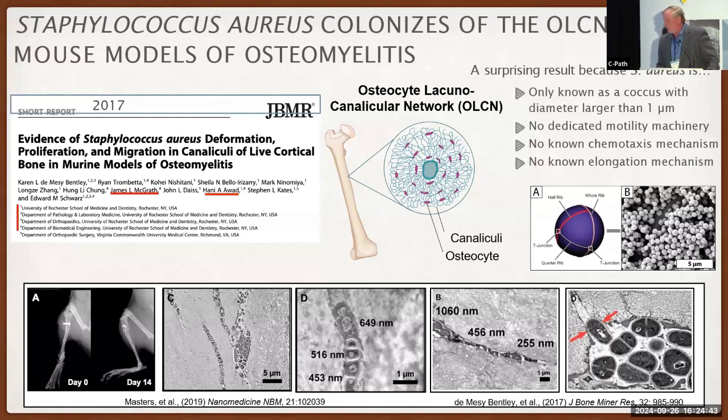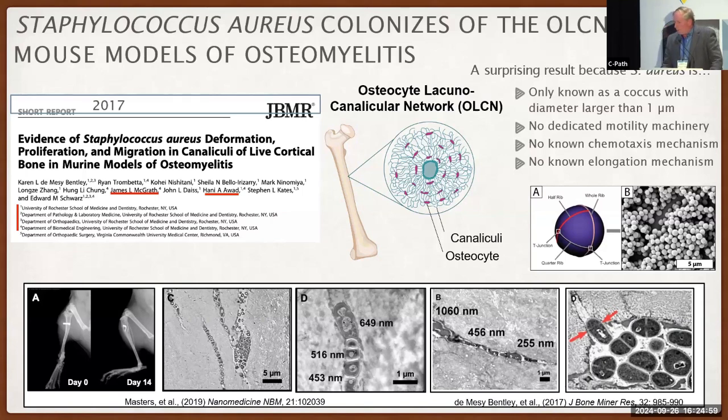People who have studied Staph aureus only know it to be a round coccus of about a micron in size, or a little bit bigger than a micron. And in no instances has it ever been seen to be elongated, except for in these small cracks of bone.